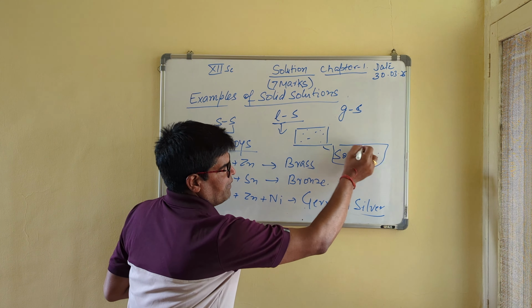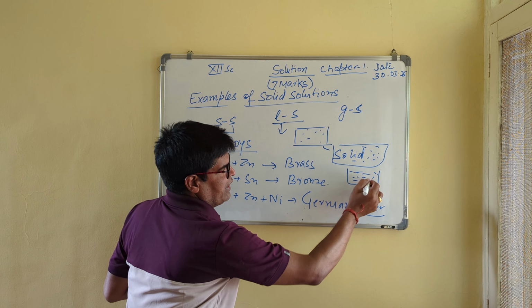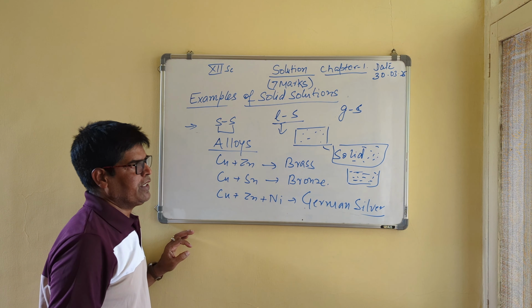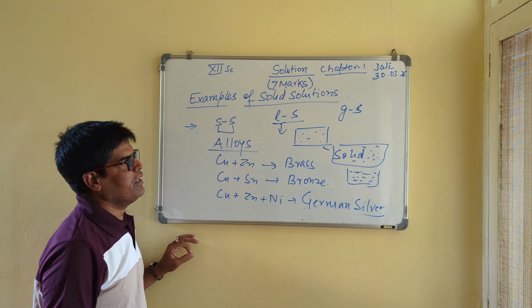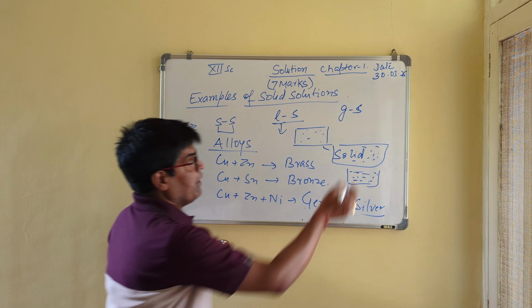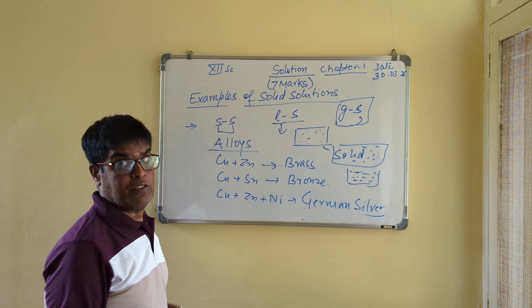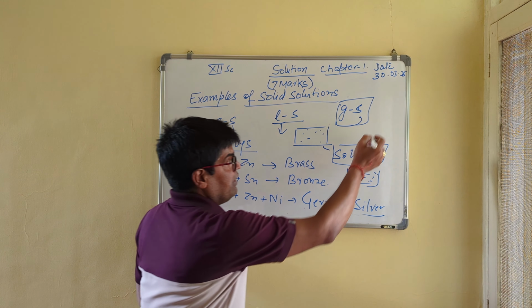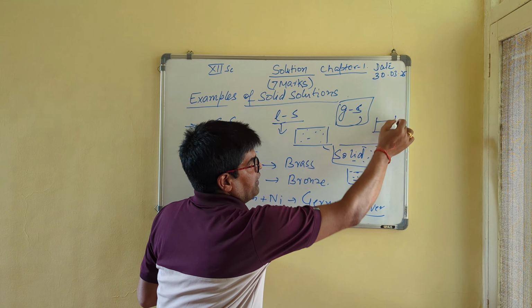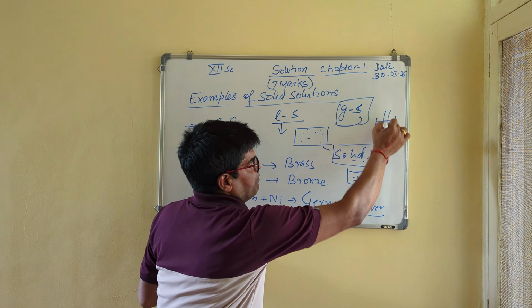For example, ice is in solid form and particles of liquid are present in that solid. Similarly, gas in solid: suppose you have solid platinum, and in that H2 gas is filled. H2 gas filled into platinum is called a gas in solid solution.